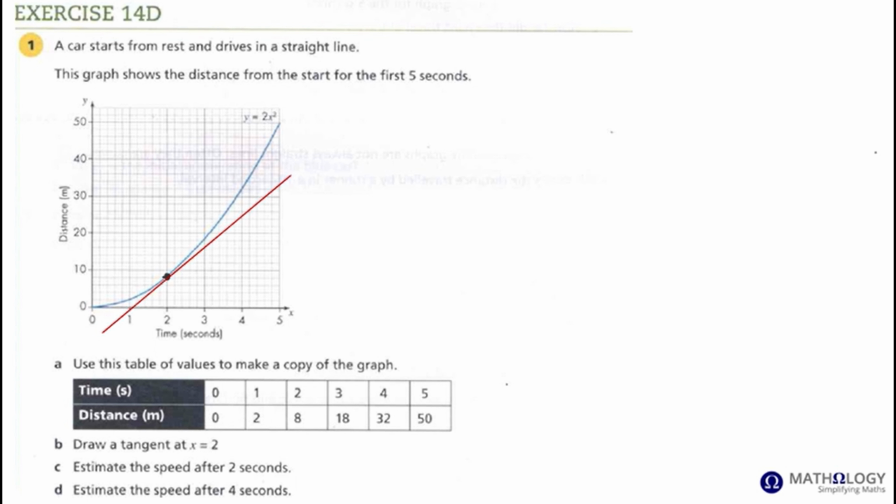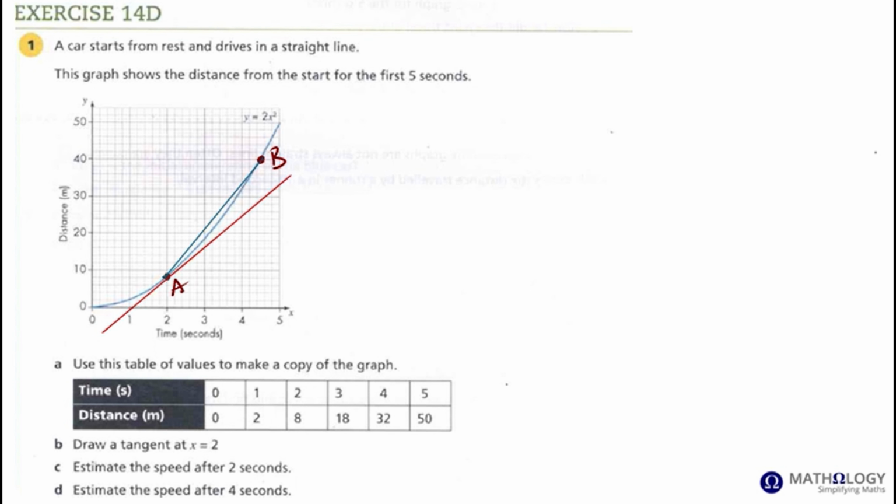gradient is constantly changing. So if we just plot another point up here, let's call this point A and B. The average gradient, if we draw a straight line between A and B, that straight line clearly doesn't represent that curved section between A and B. That curved section shows that the gradient is constantly increasing between A and B. If A had to approach B, then we'd always have a tangent line at every single point, and the gradient of every single tangent line would be changing.